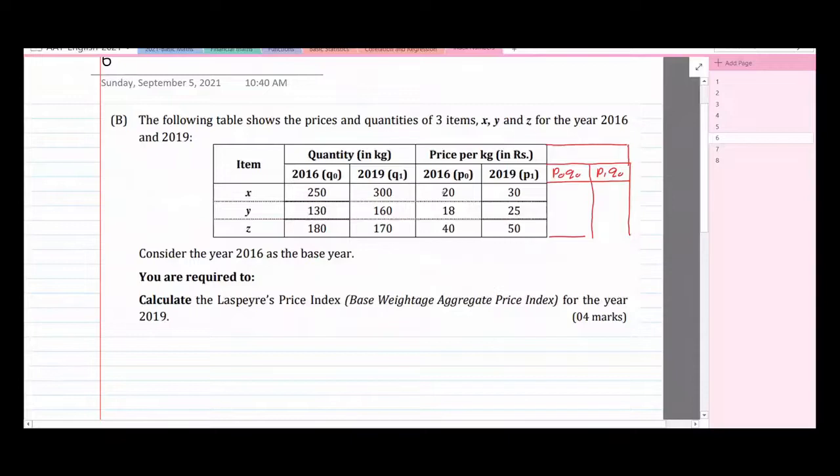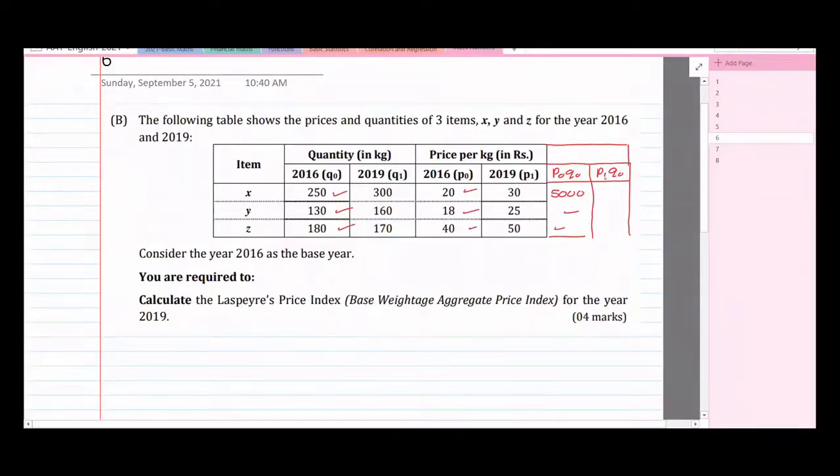You multiply P naught Q naught: 250 times 20 is 5,000. 130 times 18, get the answer. 18 times 40, get the answer.